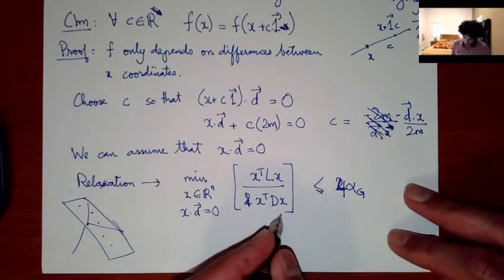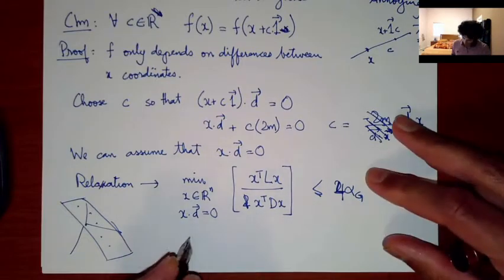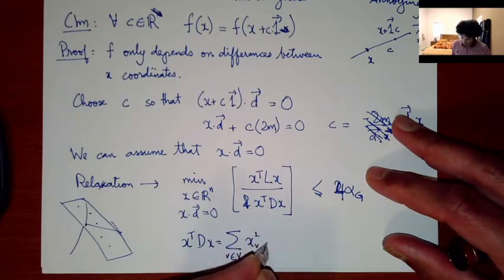Okay, so let's investigate. We want to write this in a more convenient form. So x transpose dx is just the sum over all vertices of xv squared dv.